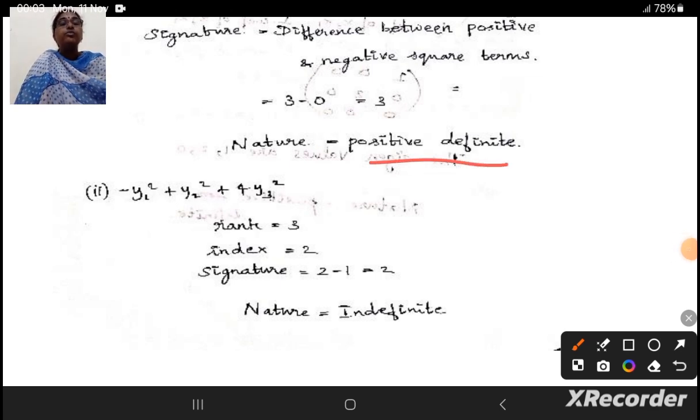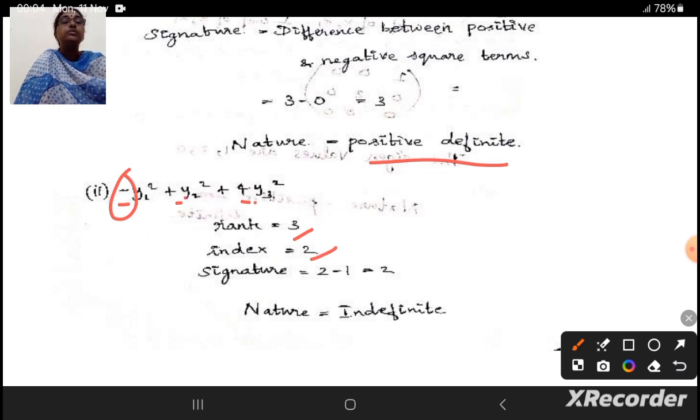We go for the next sum, x1 square. Here the coefficients are -1, +1 and 4. None of the values is 0, so the rank is 3. Next, the index: only the positive terms we write in the index. The first value is a negative term, so only two positive values here.